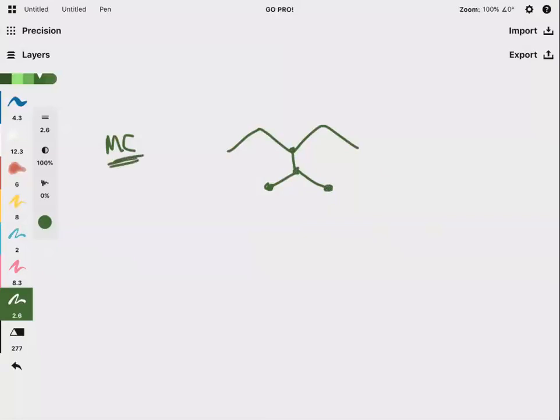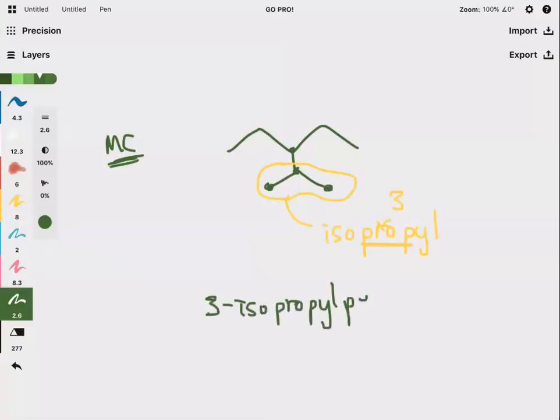She calls it the MC, main chain. If I have that, this guy right here is called an isopropyl group. Prop because it's 3. Whenever you see prop, that means 3, right? So the name of this compound would be 3-isopropylpentane.